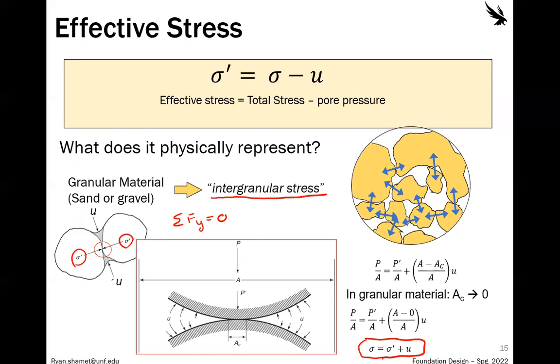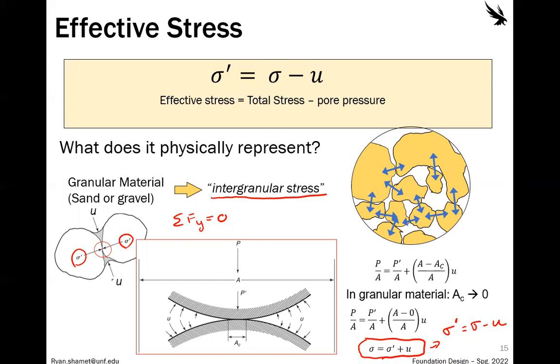On the other side of things, if we rearrange this and we only care about the skeletal stress, that intergranule stress, then it just equals the total stress minus the pore water pressure. Again, this is the safer thing to design against because that pore water pressure could change. If you're designing a project for 160 years or whatever, the groundwater conditions can obviously change.